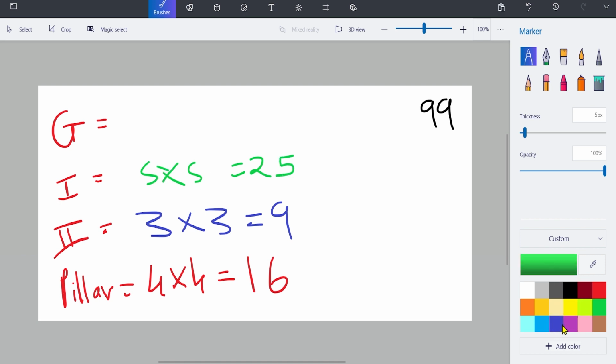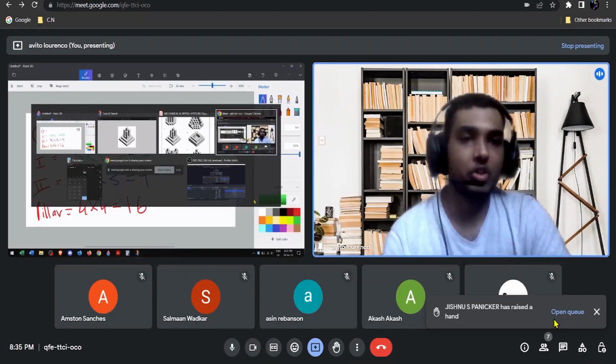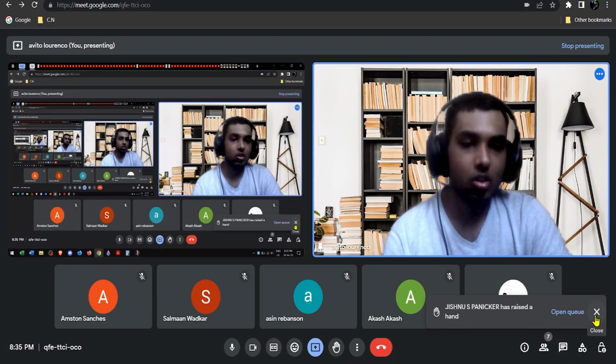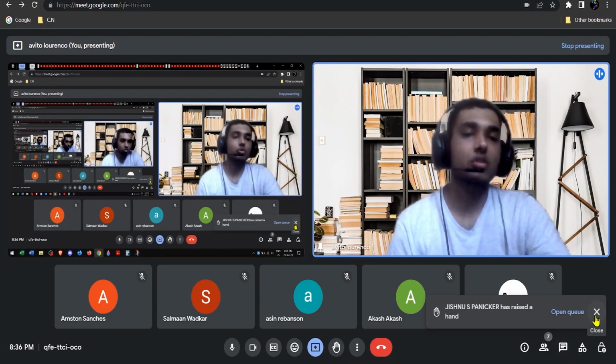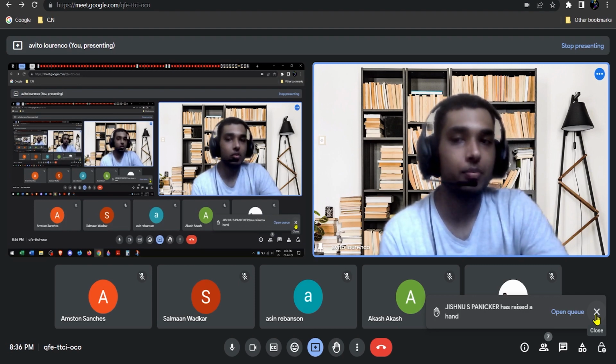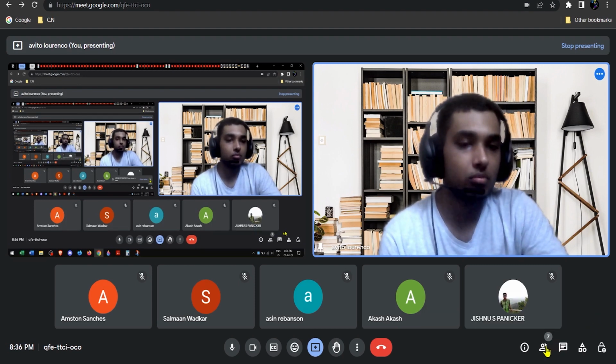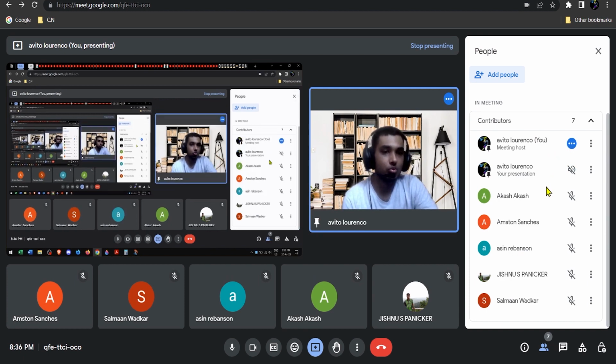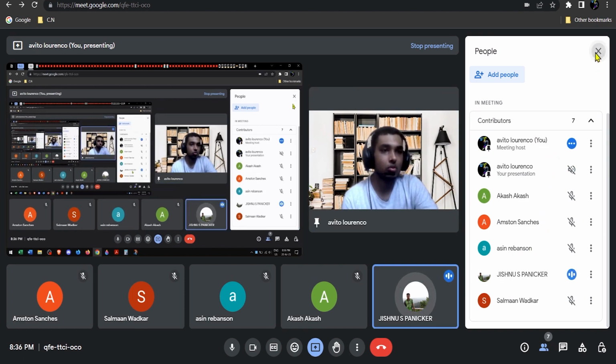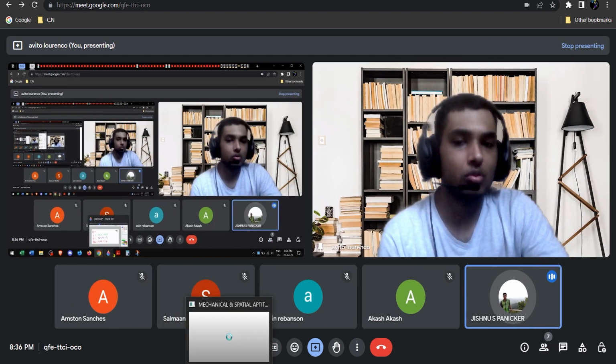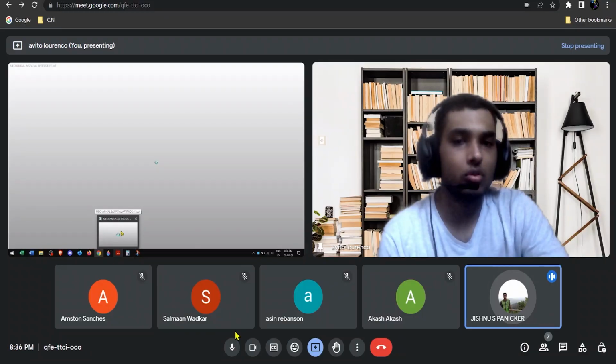And then let's just do the final one, but we got a message. So Jishnu, you want to say something? Actually, that figure, it's having the bottom base also, right? Or are we considering only one layer?